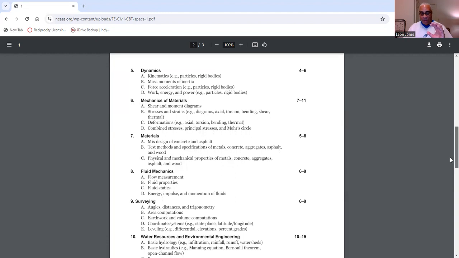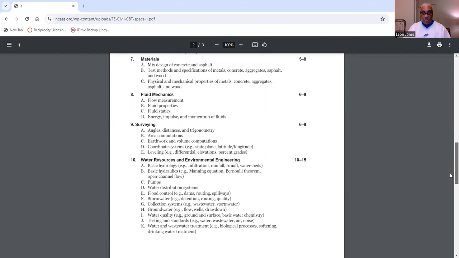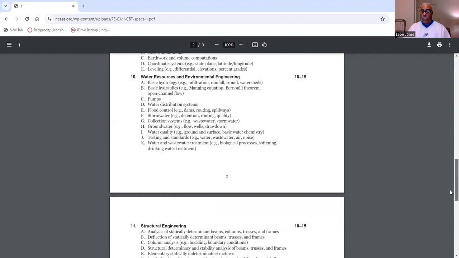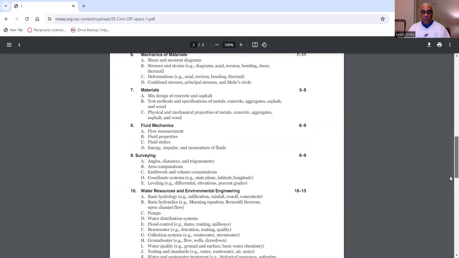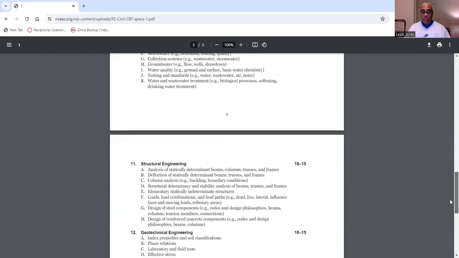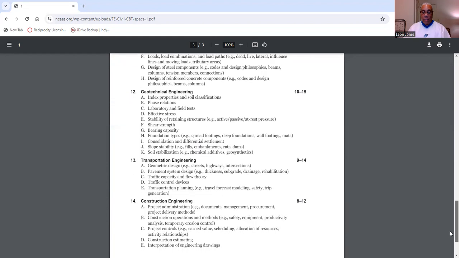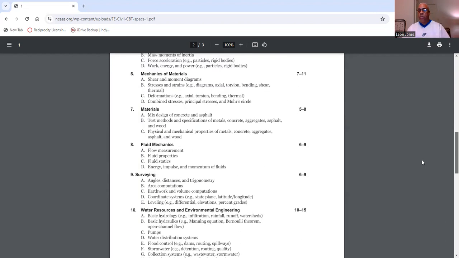You start to get into your core subjects when you get down to your materials, your surveying, and as you get down to your main subjects here, that's when you have more problems. Geotechnical, transportation, construction engineering.